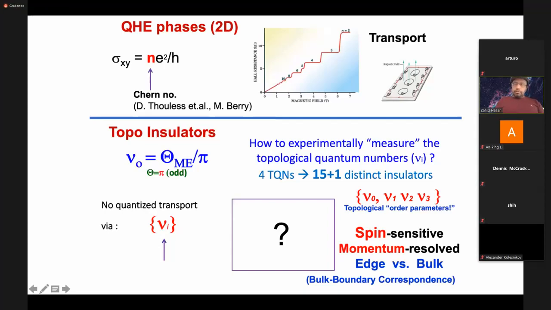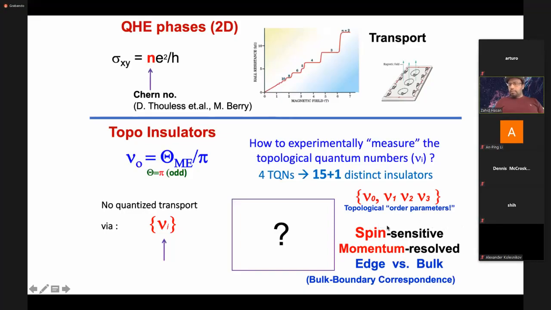Okay, so what we argued is that these are topological invariants, and topology is about bulk boundary correspondence. So we have to measure the electronic degrees of freedom inside the bulk and also on the boundary. If we can connect the bulk and boundary measurements, all degrees of freedom of the electron will have some sort of access to these order parameters, the topological invariants.